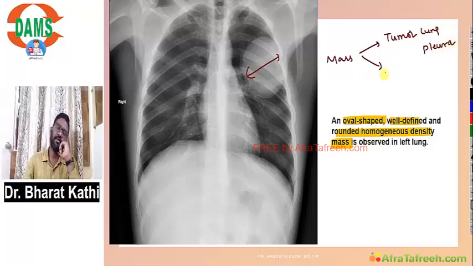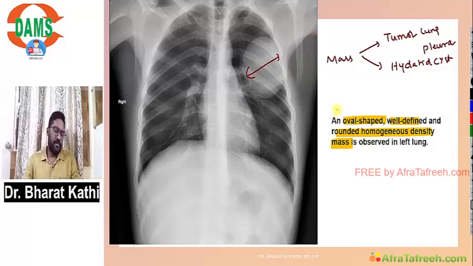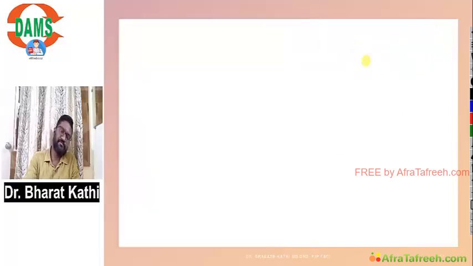Along with that, you should never forget hydatid cyst. In our country, when you see such a big mass, apart from routine lung tumors and pleural tumors, you should think of even a hydatid cyst.